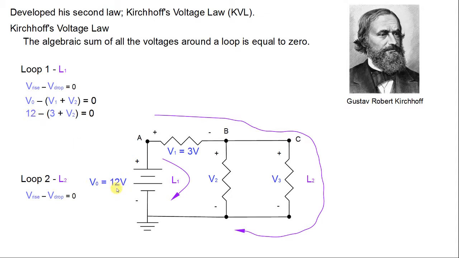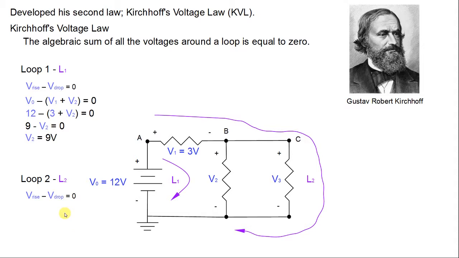That's my rise. It's the only voltage source I have in the whole circuit, so it can only be my only rise. And then I have my two drops. One of them is 3 volts. We're trying to figure out what this one is. So if I subtract those two, I have 9. And V2, we're still trying to figure out. Well, for that to equal 0, that means V2 equals 9 volts. So I have a 9 volt drop here.